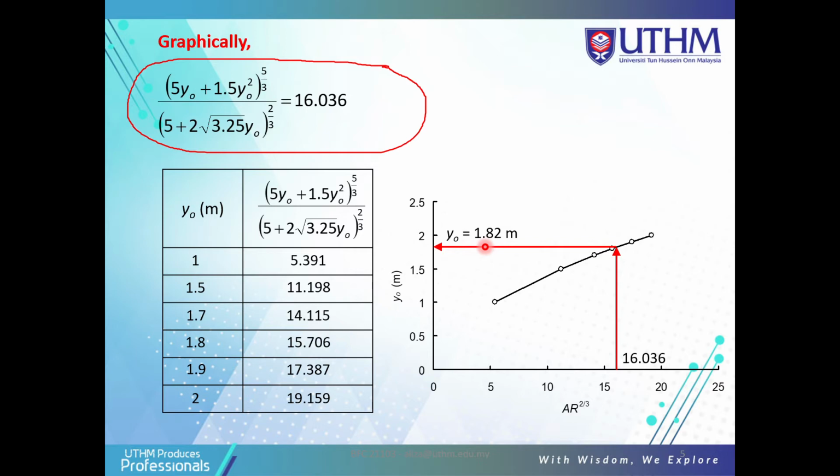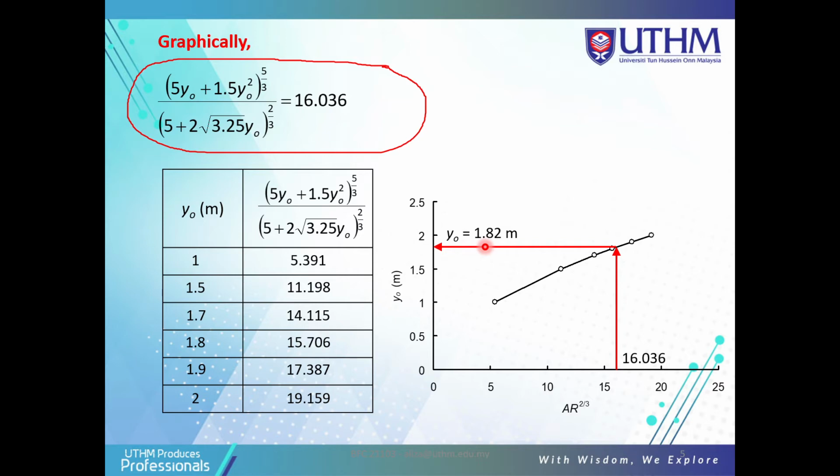Okay, so you use which one of those three methods. If your final or your test does not mention which method you will use, you can use trial and error, you can also use the graphical method, or you can use the chart method.